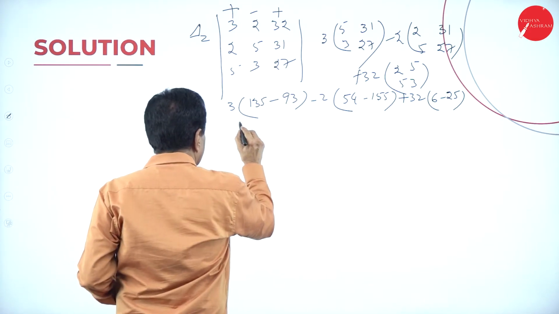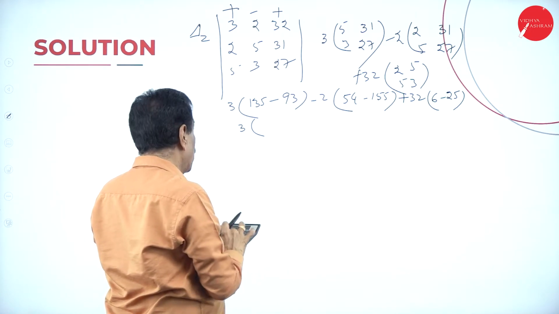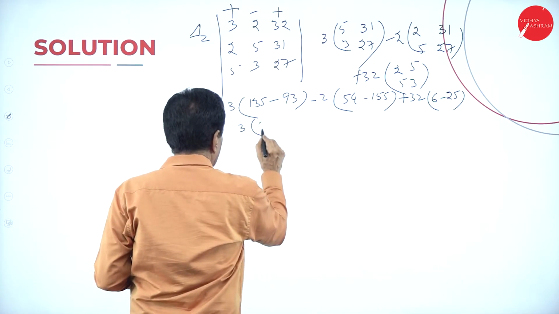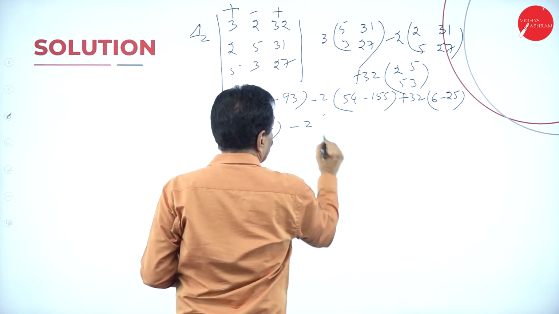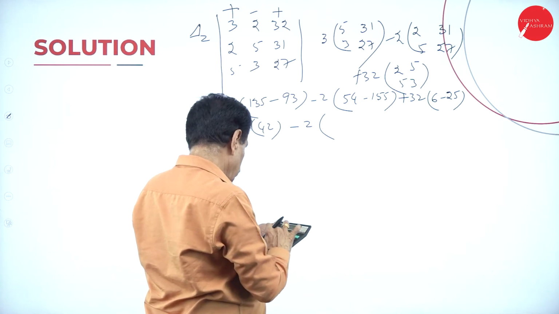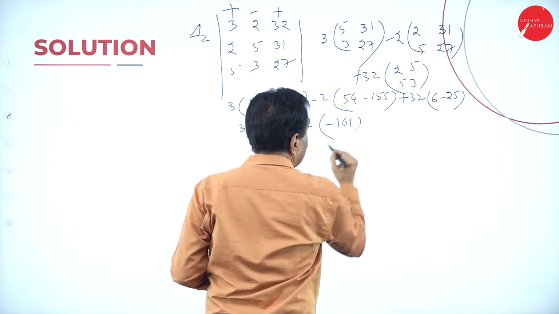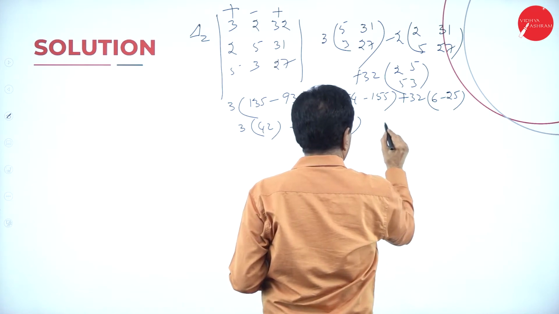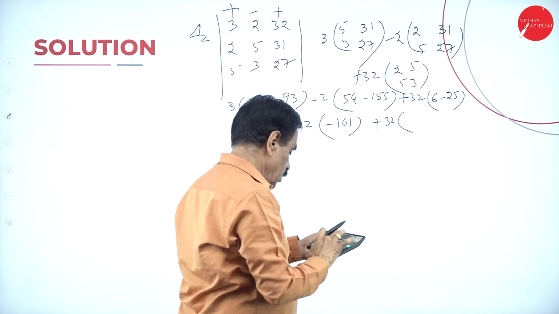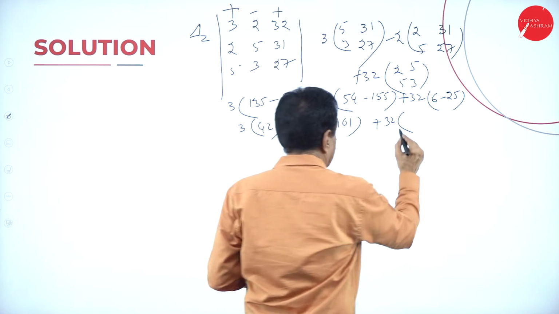Simplify this. 3, 135 minus 93, 42, minus 2, 155 minus 54, 101, plus 32, 25 minus 6, minus 19.